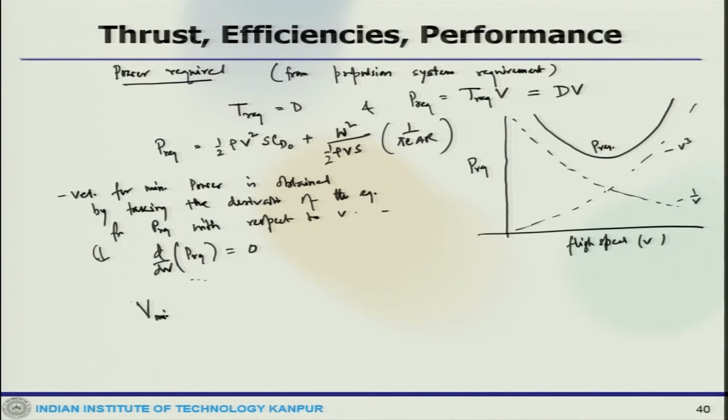So the velocity for minimum power condition would be 4 by 3 W by S, 1 by rho square C_D0, 1 by pi E AR, to the power 1 by 4.